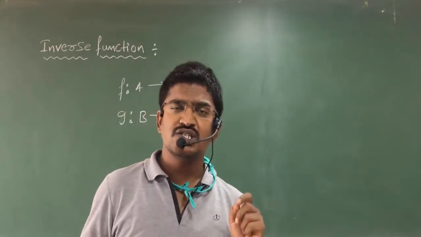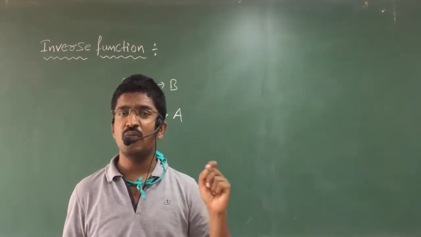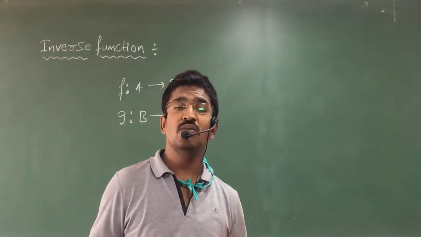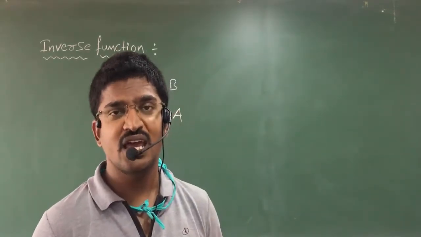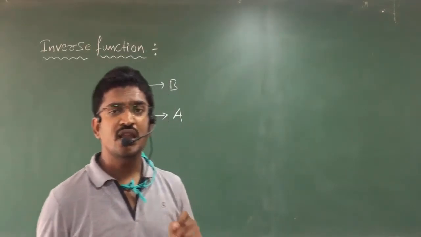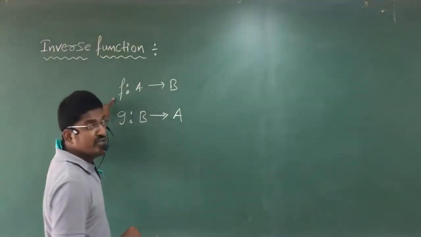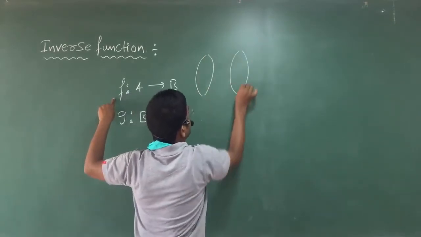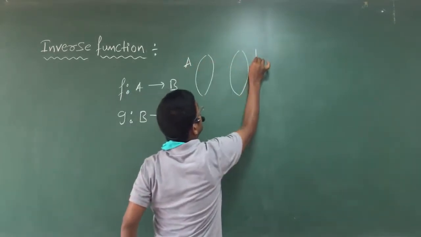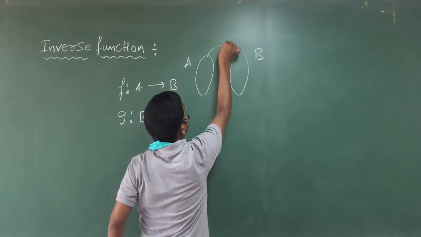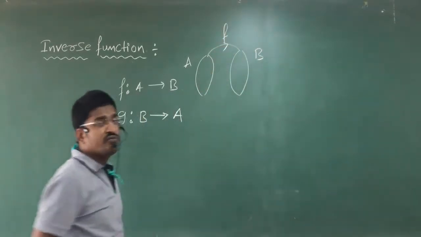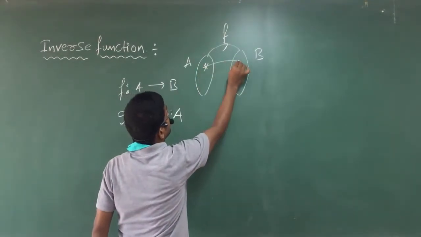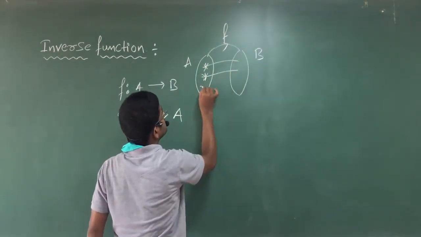So a function tells that it is a relation from A to B where A is having unique images in the codomain. That means f is a function from A to B which is having unique images.